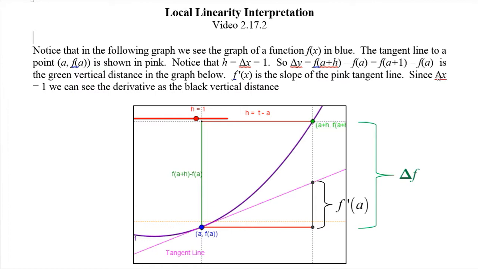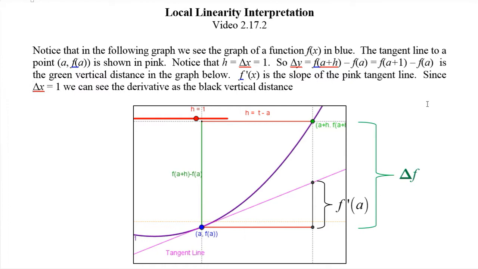Okay? Now, this distance here, indicated by this black bracket, is the actual change in the tangent line, which is the value of the derivative. Now, what we want to say is that these two values are not the same, as you can see here.